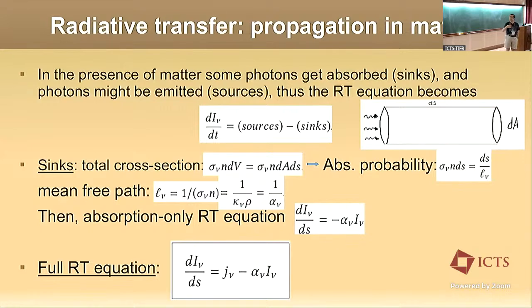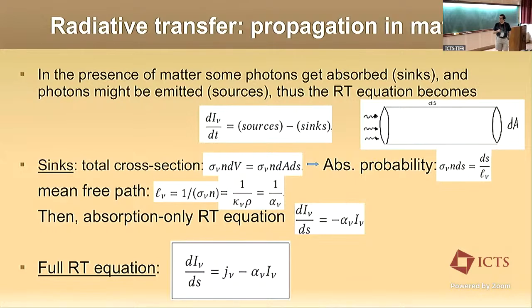If you have fewer photons, you absorb fewer because there are fewer to be absorbed in the first place. So it needs to be proportional to the number of photons. And then the total equation becomes sources, which is J nu, the specific intensity, and then the absorption is alpha nu times I nu. So this is the full radiative transfer equation.